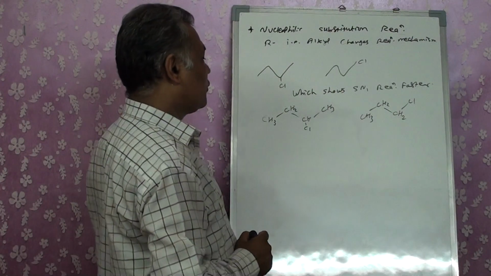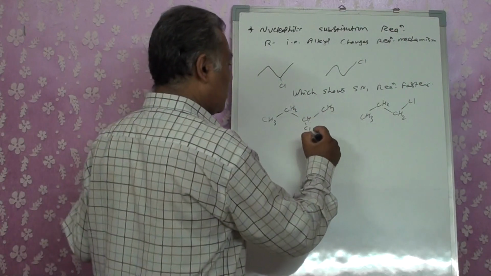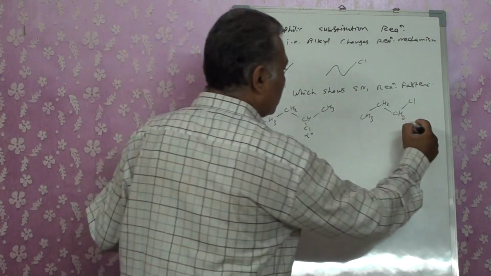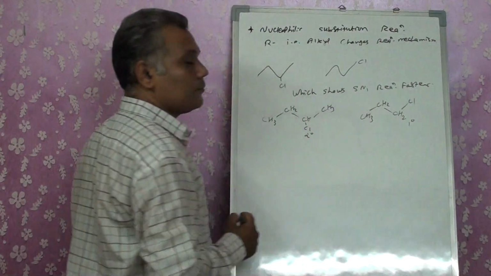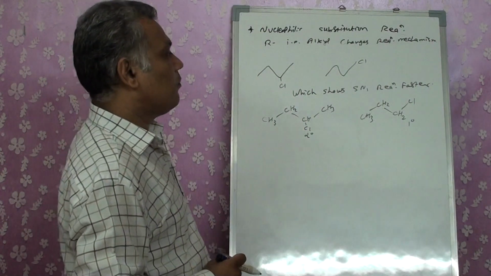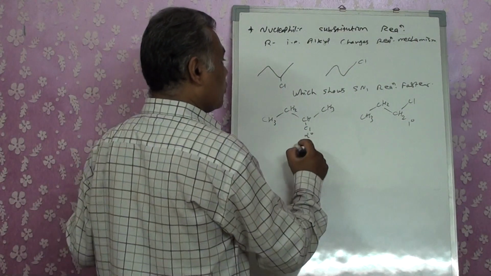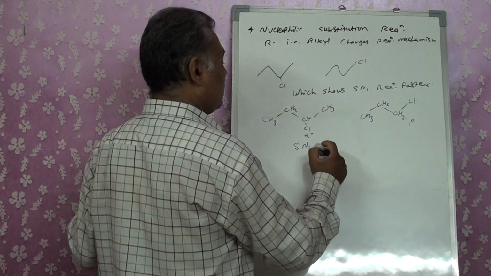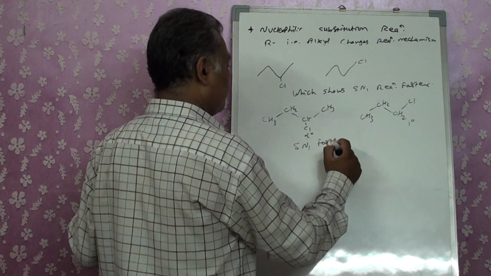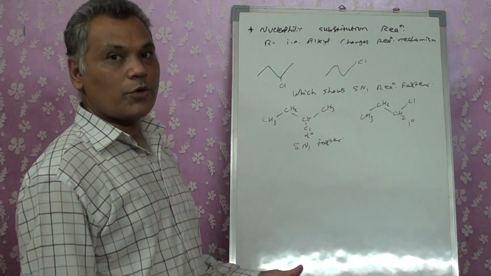Now, what does it show? I'm not bothered about the number of carbons. This one is a secondary carbon, this one is a primary carbon. So this one goes for SN1 faster.